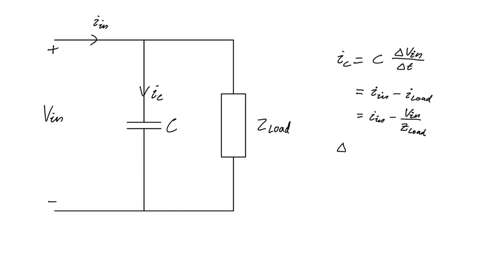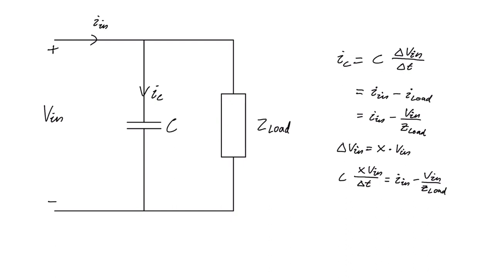So the change of voltage is equal to the ripple voltage that we want. Let's say that is X multiplied by V in. So we can set up this equation as C times X times V in over delta time is equal to I in minus V in over Z load.